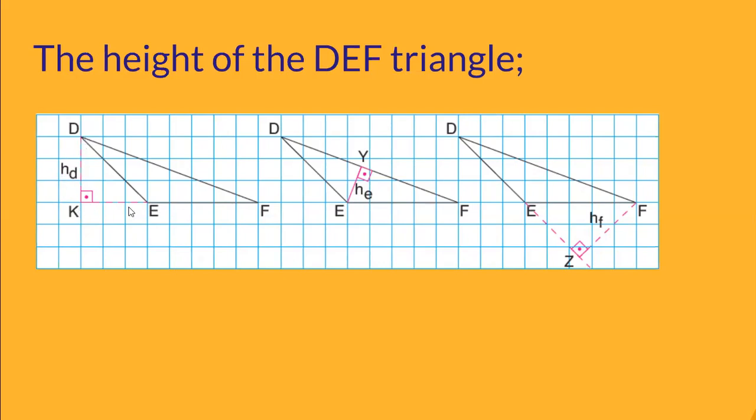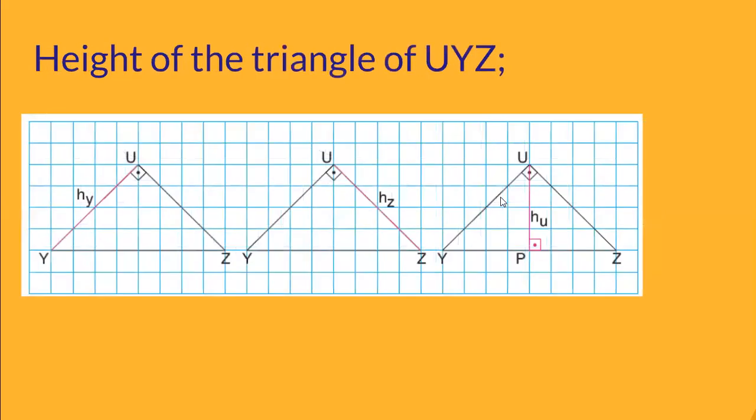Can you see? Yes. So HC is height of this side. And for DF, HE is height from corner E. And this side, HP is height of DH.